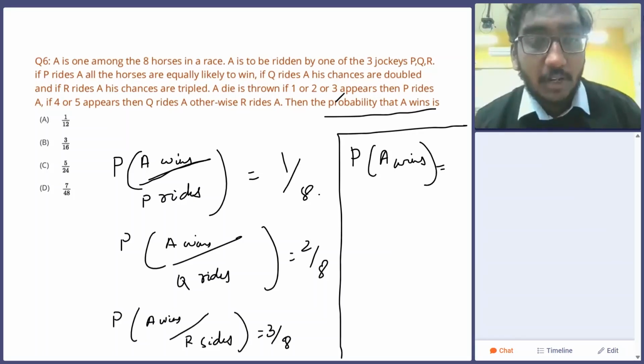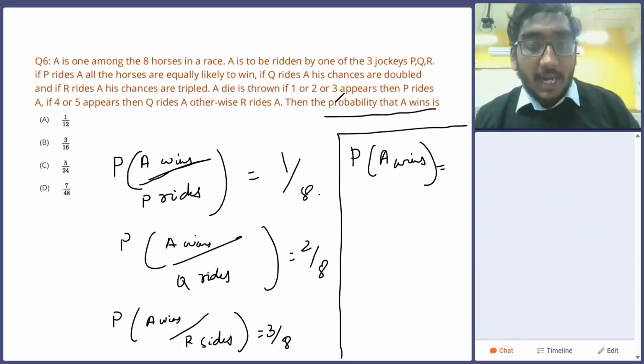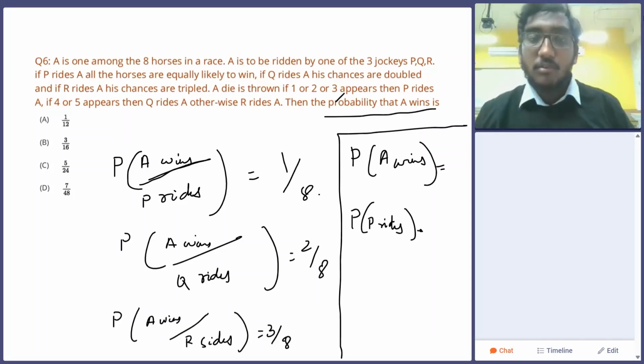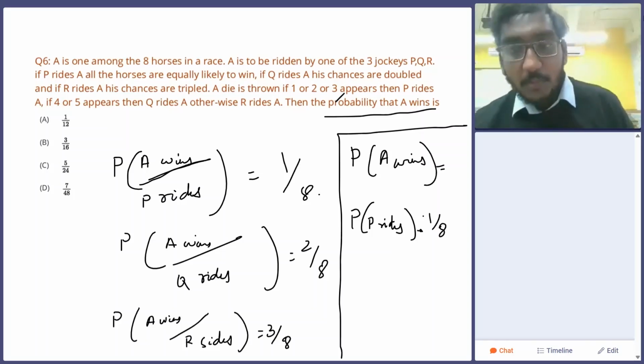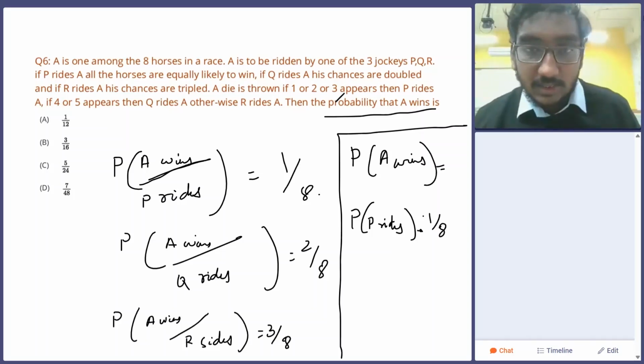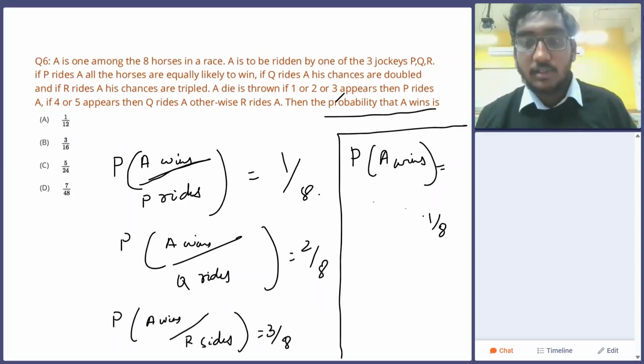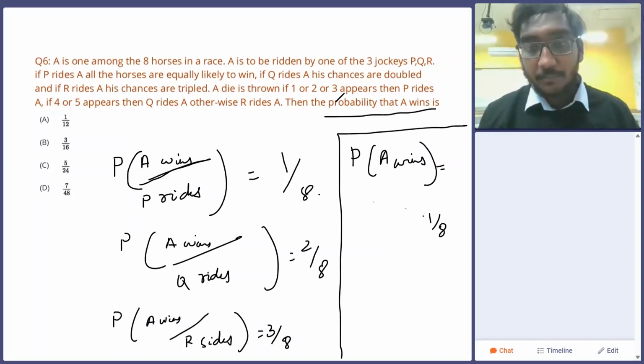It is actually the probability of P riding, right, into the probability of A wins given P rides. Okay. That is 1 by 8. Okay. So what about the probability that P rides? If 1, 2, or 3 appears, then P will ride. Then what? 3 by 6 is the probability that P will ride. Okay. So it is 1 by 2 into 1 by 8, right?